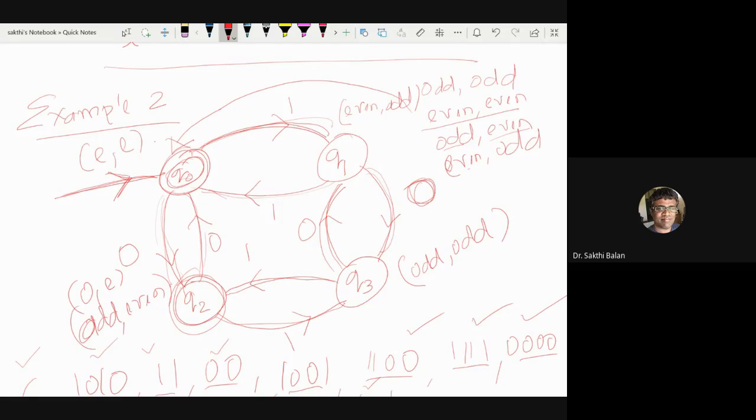I will also be posting some simple problems for you to understand how this automata works, so that once you get hold of finite state automata, you will be able to get hold of the pushdown automata, the Turing machine, and such things. Because the basic thing here is the finite state automata.